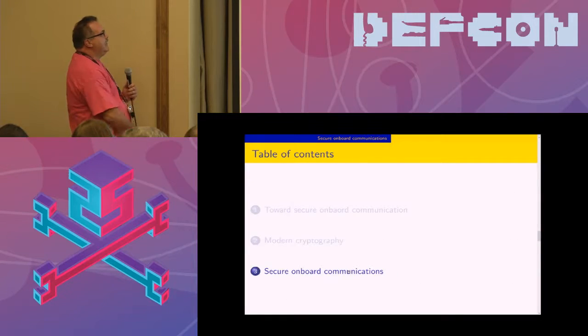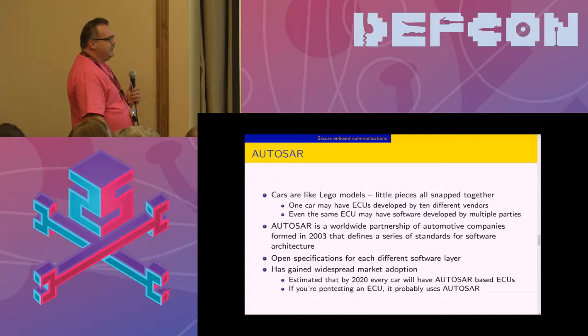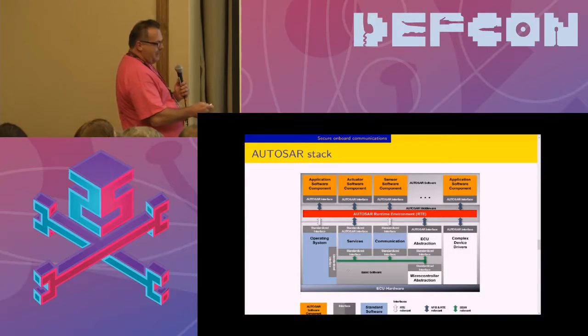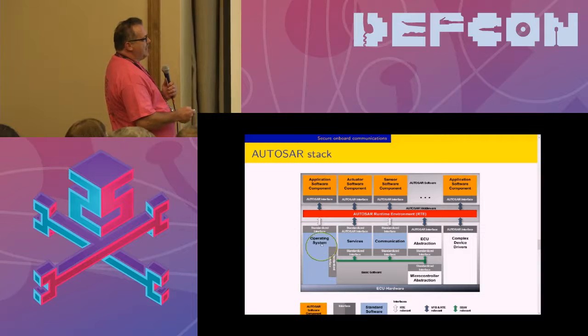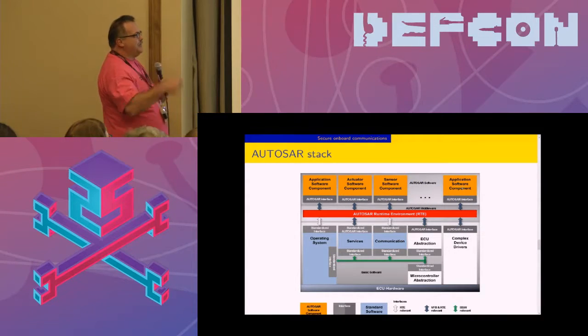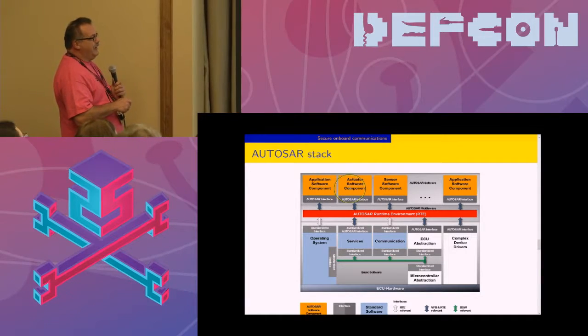Okay, so let's move on to the secure onboard communications for AUTOSAR. In AUTOSAR, in fact, I'll jump ahead here because this makes a little bit more sense. AUTOSAR is essentially like an operating system that runs on the ECU itself. So there's lots of stuff that you'll see here, all these different components. And way up here are the actual different software components. And the way that the OEMs are thinking is, I can buy even certain functions from different manufacturers.